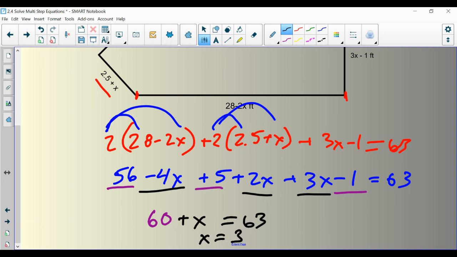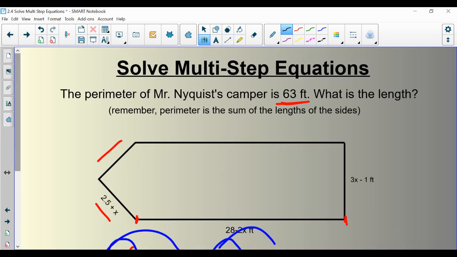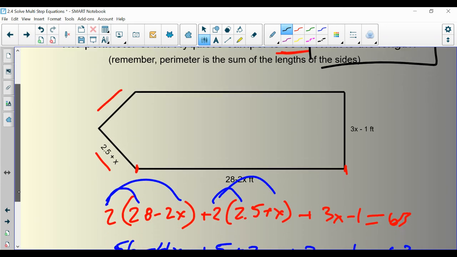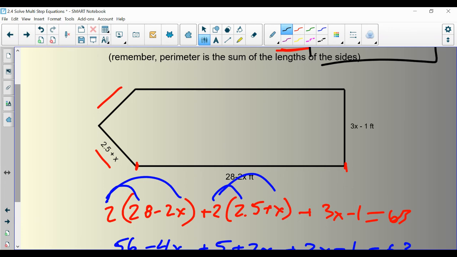So let's go ahead and make sure that that answers my question. The question was, what is the length? Well, if this is the length, as I kind of mentioned earlier, what is that length? Well, it's not 3. You'd have to plug 3 in and figure out what it is.